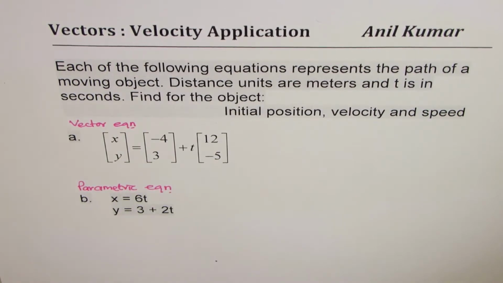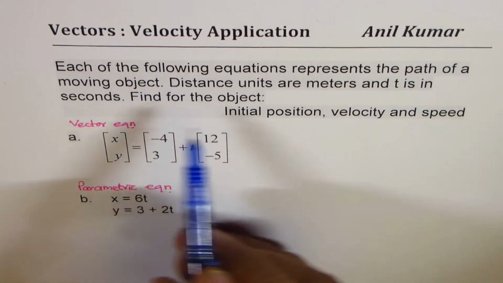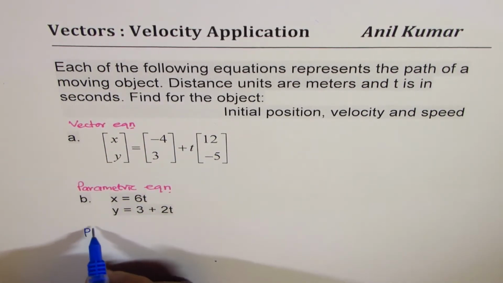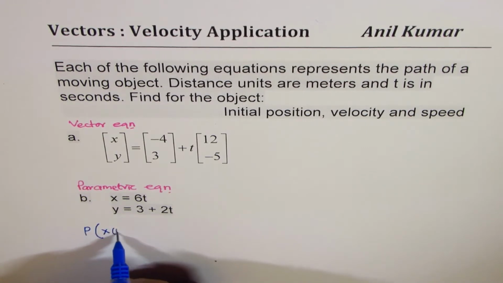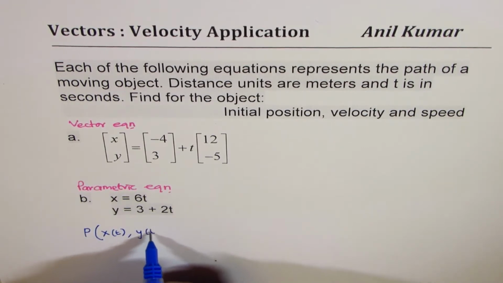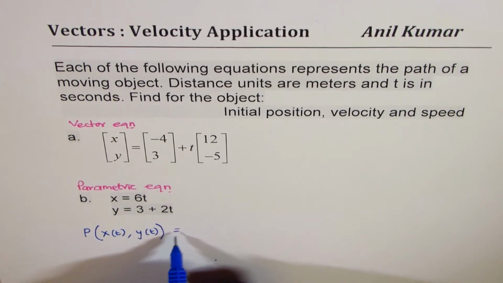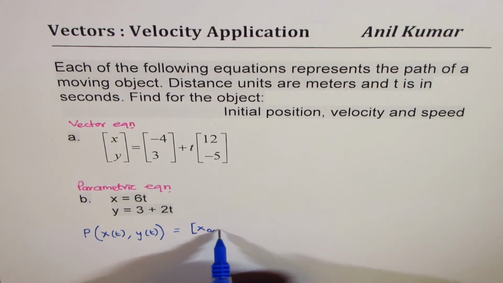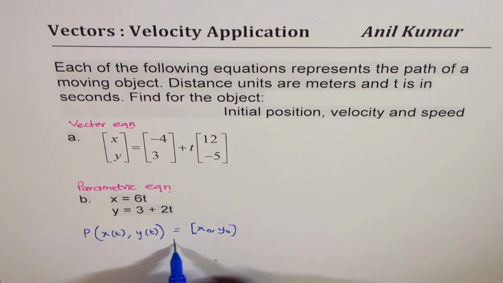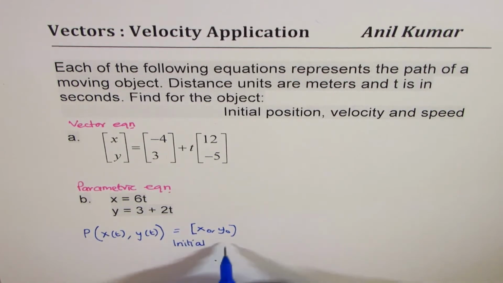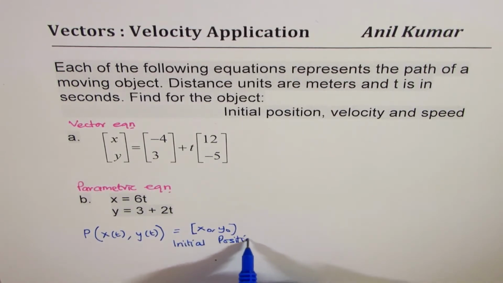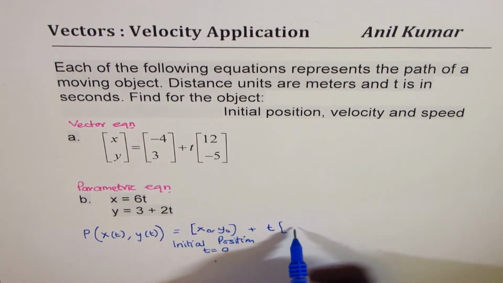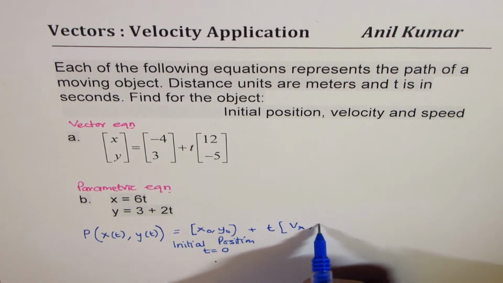In general, when we talk about the path of a moving object, we'll be writing the equation in the form P, as x will be a function of time and y will also be a function of time, and that will be equal to the initial position, which we may write as x0, y0. That represents the initial position, I mean when t equals 0, plus t times the velocity vector in x and y directions.